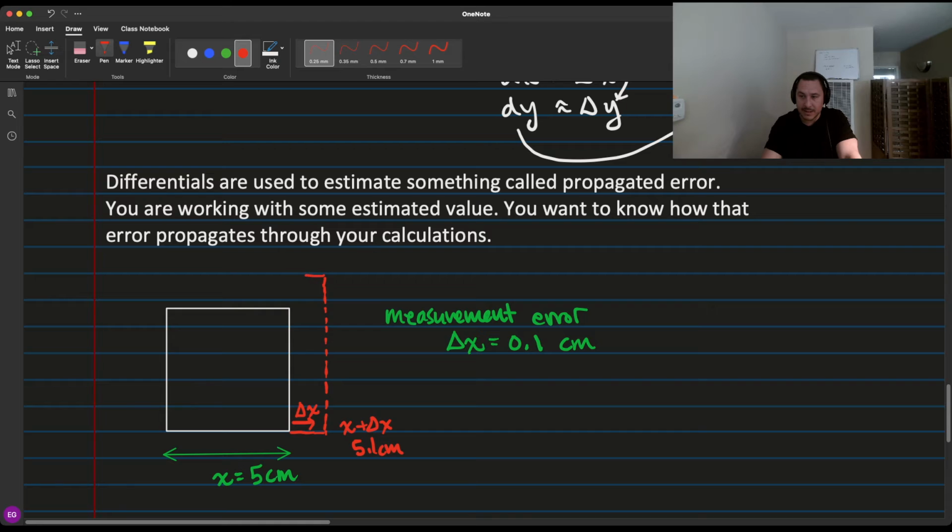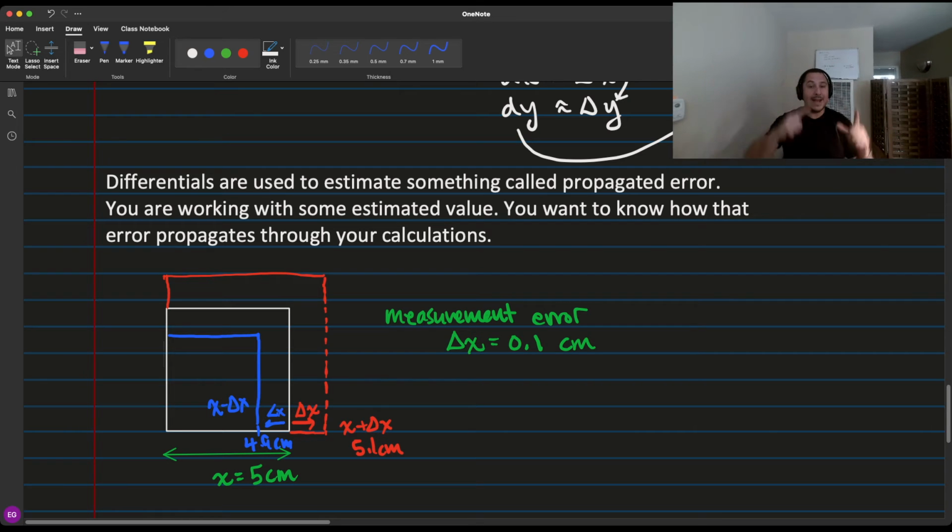And then you'd get an exaggerated thing that would look like this. Or maybe you were off by delta x in the other direction. That would be x minus delta x. It could be as small as 4.9 centimeters. And then you're going to get something that looks like this. Obviously super exaggerated, yes?